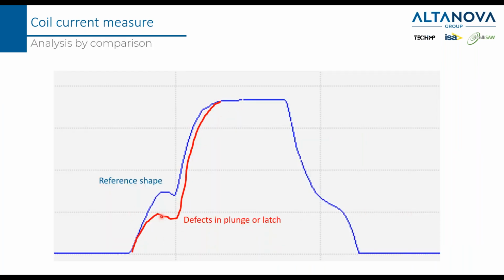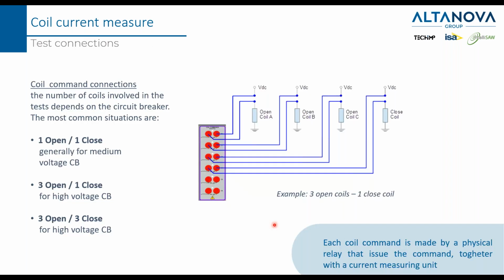As you probably already understood, what you have to do is compare a reference shape with another shape that can be different. In case it is different, maybe it's because there is a defect in the plunger or in the latch. How to measure?